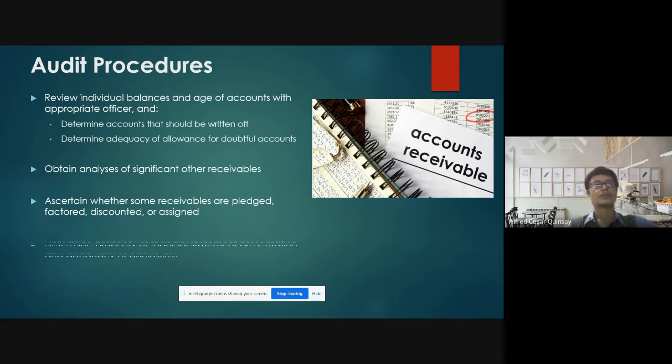And determine the propriety of financial statement presentation and adequacy of disclosure. Like we said a while ago, disclosure is important because the receivables may have been assigned or factored, meaning they were already sold, and we wouldn't know. Or they may not be properly classified, especially if assigned, or without recourse, factoring, those things.